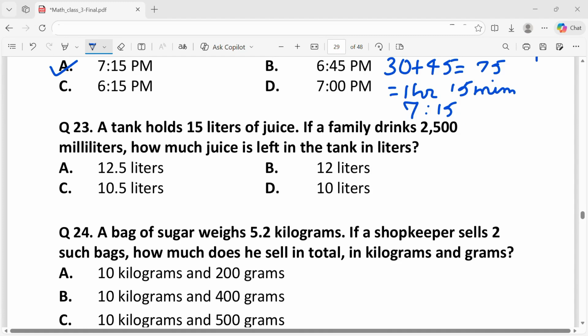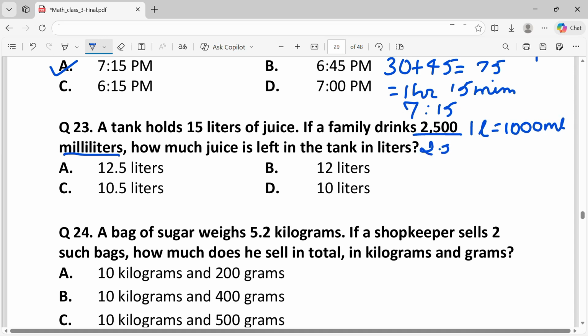Question 23. A tank holds 15 liters of juice. If a family drinks 2500 milliliters, how much juice is left in the tank in liters? Converting 2500 milliliters into liters, we know that 1 liter is equal to 1000 milliliters.